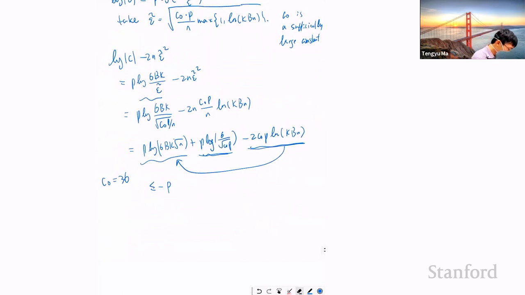So basically this is saying that if you take the exponential of this inequality, you get 2c exponential minus 2n epsilon tilde square is less than 2 times exponential minus p. So this is our failure probability.